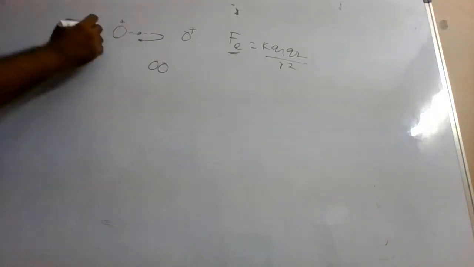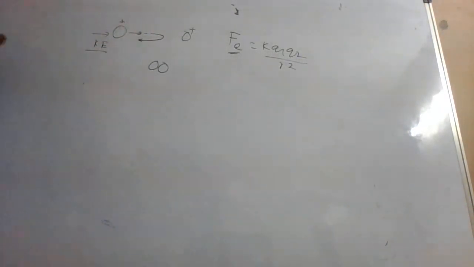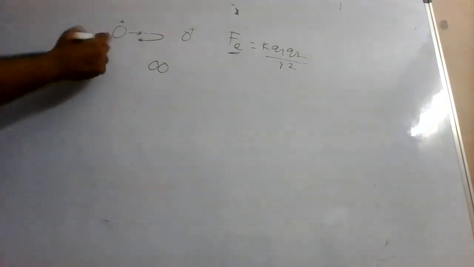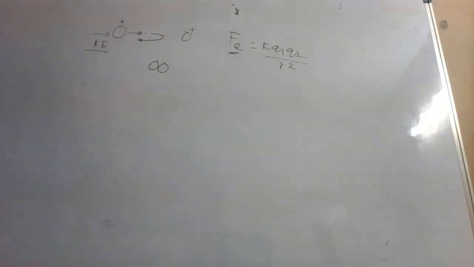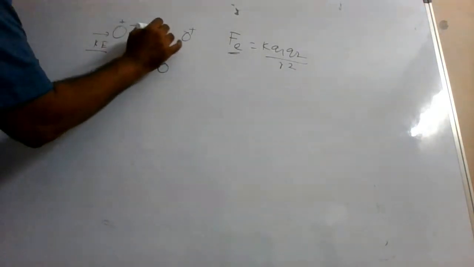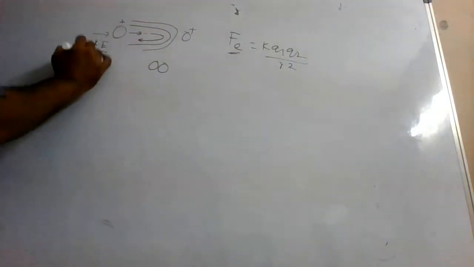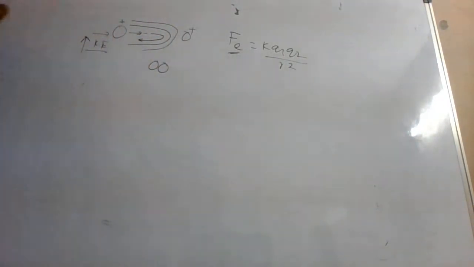Let us say I am giving some kinetic energy to this, forcibly sending it. Initially I am not giving kinetic energy, then I increase the kinetic energy. When I increase it, the proton goes even closer, then even closer. If I keep on increasing the kinetic energy, it will come very, very close to the second proton.